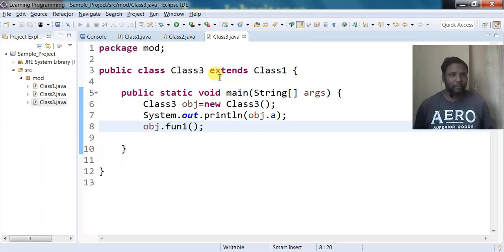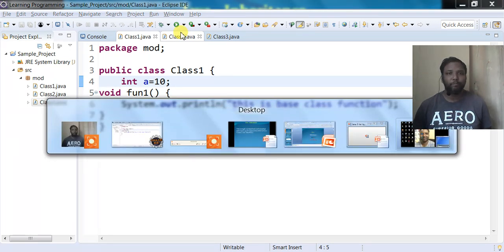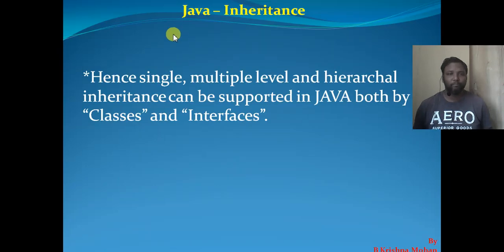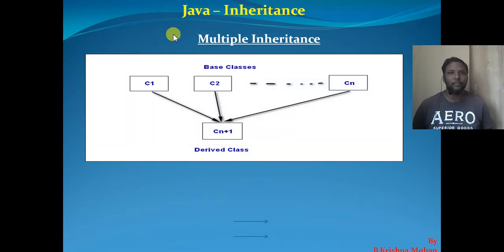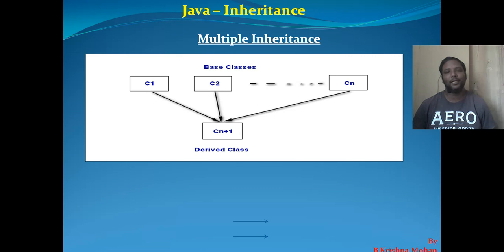I will go to the next type of inheritance, that is multiple inheritance. This is multiple inheritance, where there are multiple base classes, meaning multiple parent classes, and there will be a single derived class, or single child class.